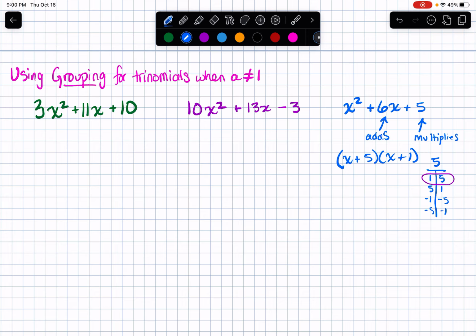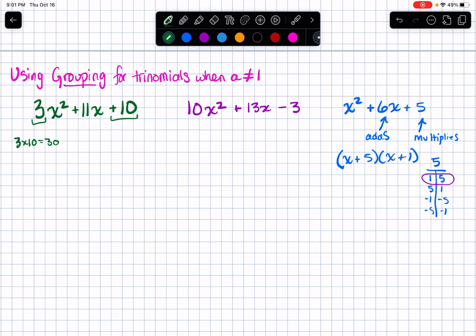What we're going to do instead is we're still going to make a list of factor pairs, but I'm going to take this a value and my constant term and multiply them together. So I want things that are factor pairs of 3 times 10. If I multiply 3 times 10, I get 30. 3 times 10 equals 30.